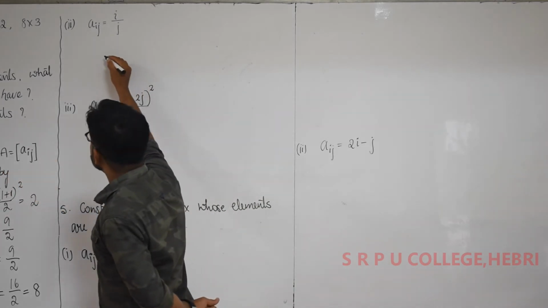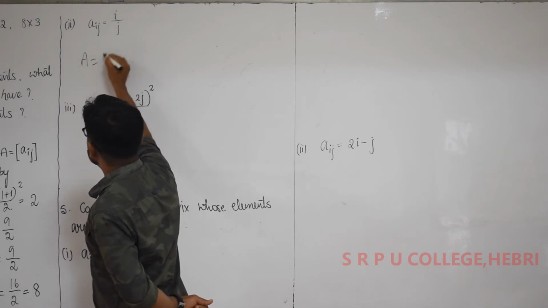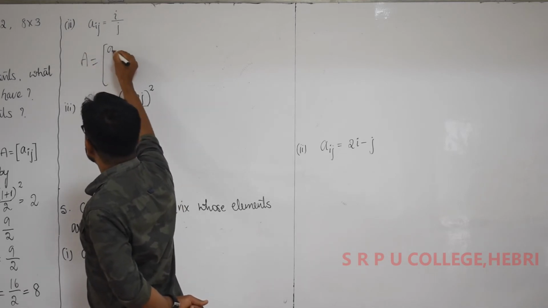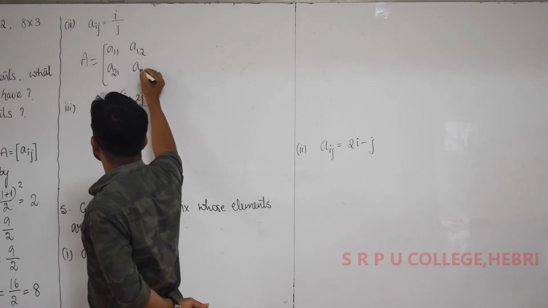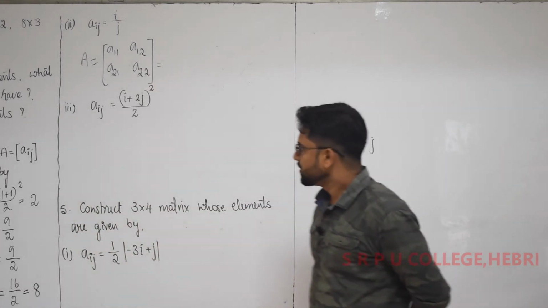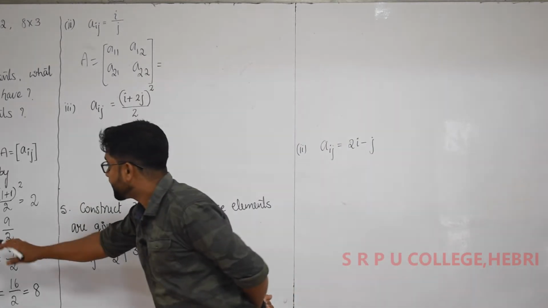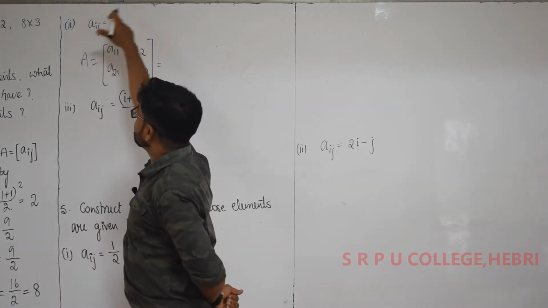Let me write that the required matrix A is equal to A11, A12, A21, A22. Now you understood how we can find out those elements using this equation.